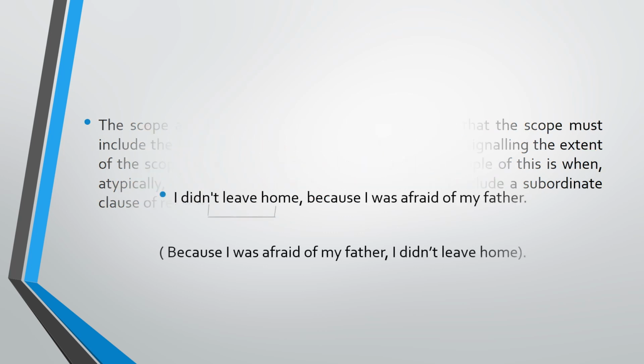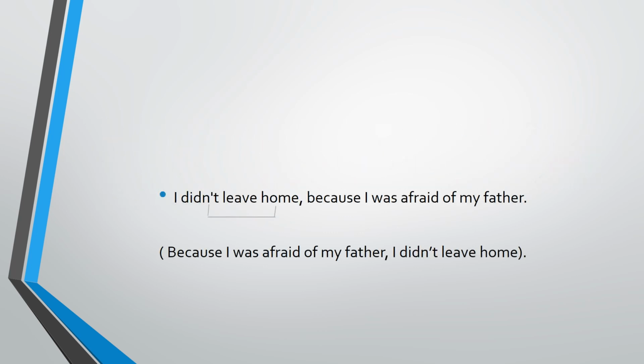How's that? If we look at this sentence, I didn't leave home, comma, because I was afraid of my father. Okay, so here, if we suppose that the scope of negation is going to start from the not, the negative word itself, from not to what? To home. While because I was afraid of my father, this is what?